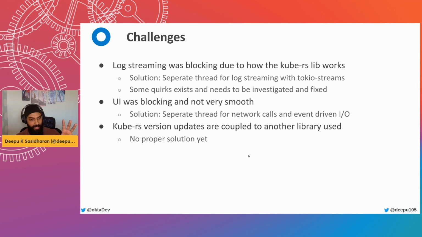So if there are multiple libraries in your project using the same libraries, then you will have issues whenever you compile. You'd have to play around and make sure that it works. And even if you do that, when some library updates a version, it could break again. So that part is still a bit of a challenge. I haven't found a proper solution yet.